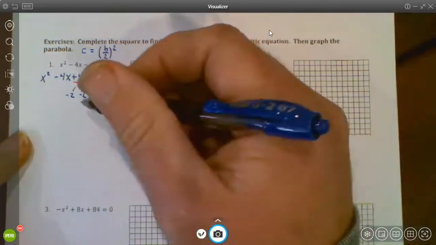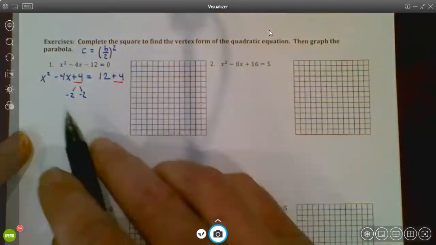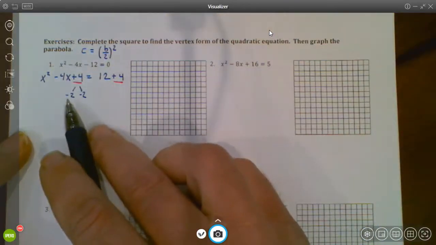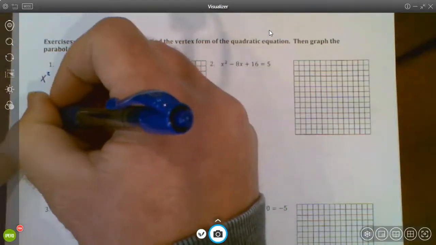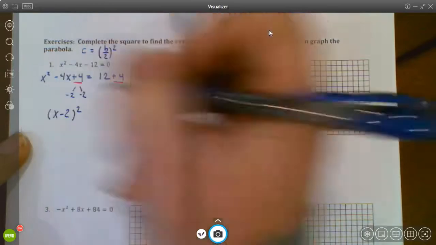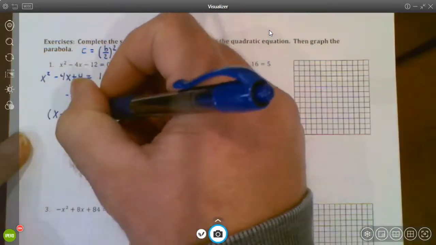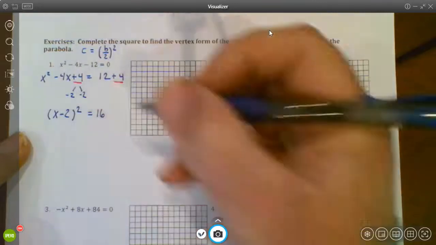And that's always going to be the case as we go through this process. That's how we know it's working. So that means my factors are x minus 2 and x minus 2, which means I can now write that as x minus 2 squared. So that's the left side of the equation. On the right side, if I add those together, I get 16.